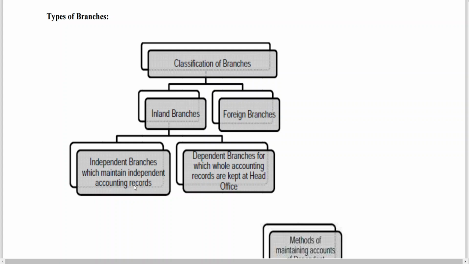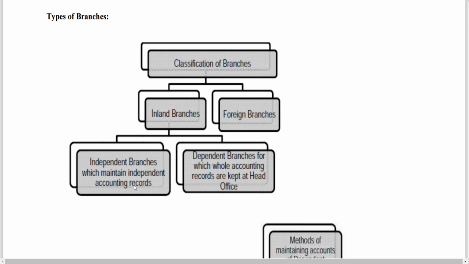So when independent branches prepare their books under the double entry system, the trial balance will be sent by the branch to head office, and head office will incorporate the trial balance and start preparing final accounts. Who can prepare final accounts? If the branch also wants to prepare final accounts, they also can. But generally the trial balance is passed on to head office, so that head office, after looking into that, will start preparing final accounts.